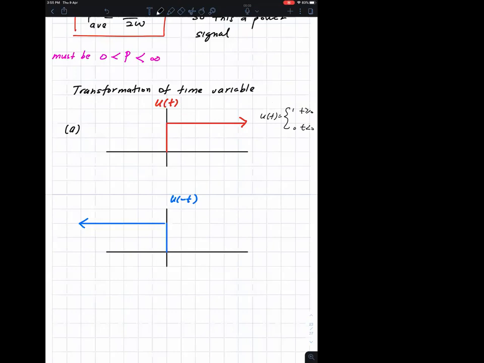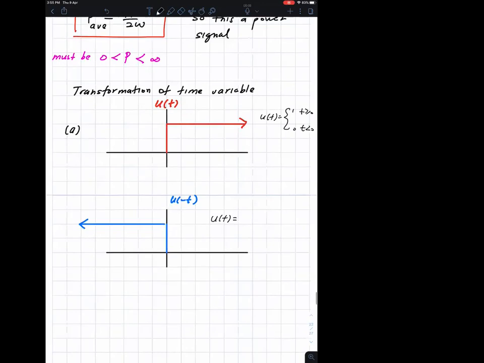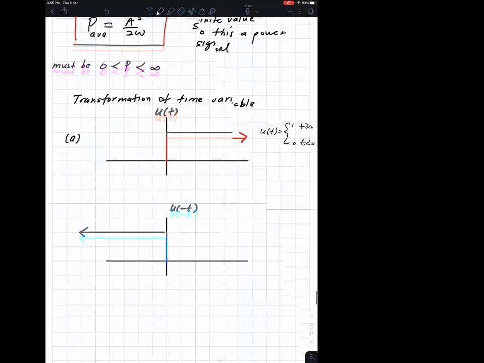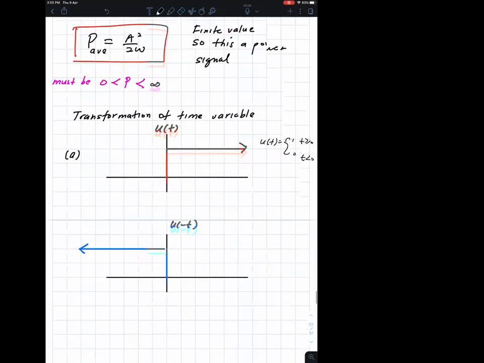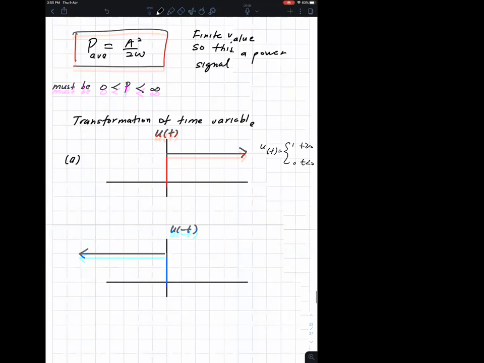But in this case, u of minus t is the other way around.